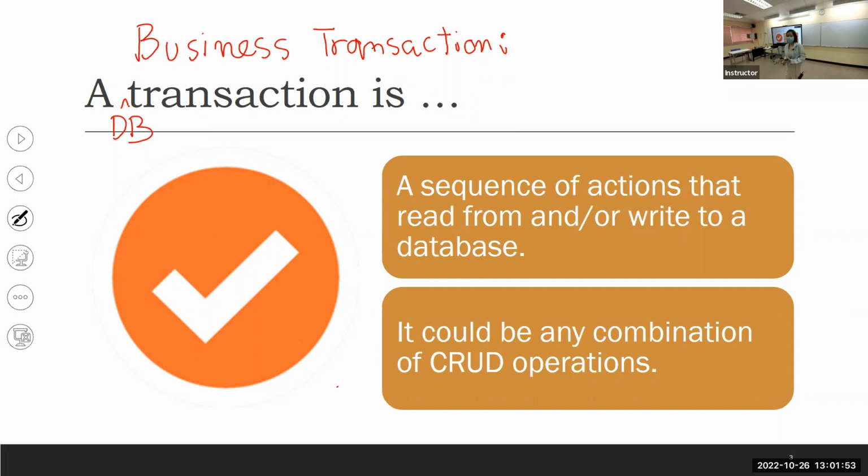Okay, so any answer for me or feedback to me? Okay, Faye. Bank transfer. This is a business transaction example, right? We transfer money from one account to another. Okay, any other examples?